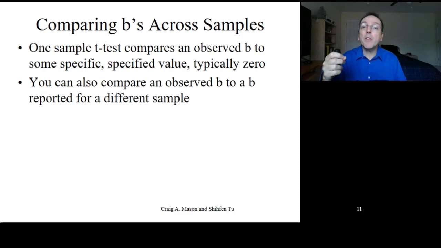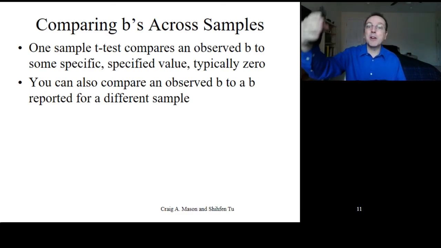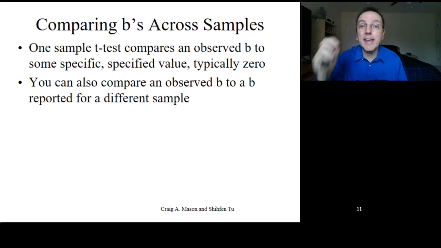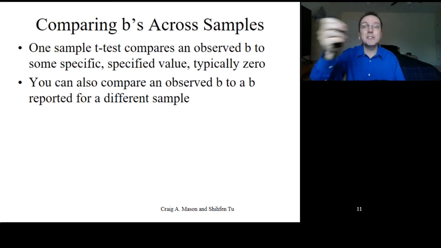If we want to know whether our B is different from their B, the value of their regression coefficient from their study, we have to take into consideration that we're not 100% certain what the value of their regression coefficient really is because it's going to vary sample to sample to sample.